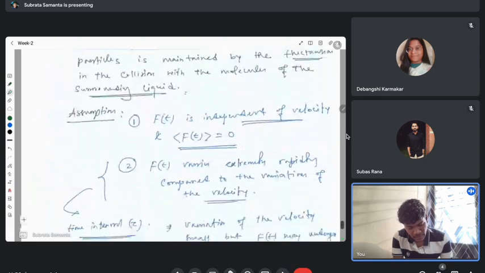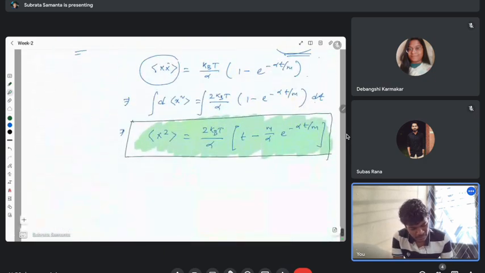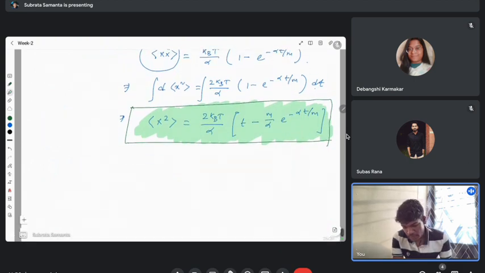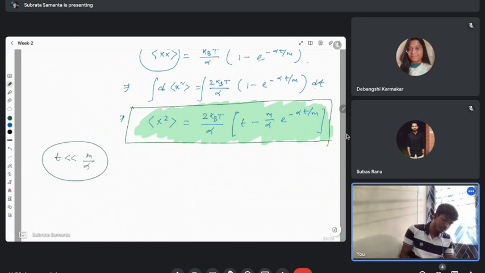But here the t and e to the power minus alpha t by m, a complex time dependence, are there, right? So then we take a limit. If we take proper limits, that means let's say t is much less than m by alpha, so your time scale is much less than m, and alpha is a constant.